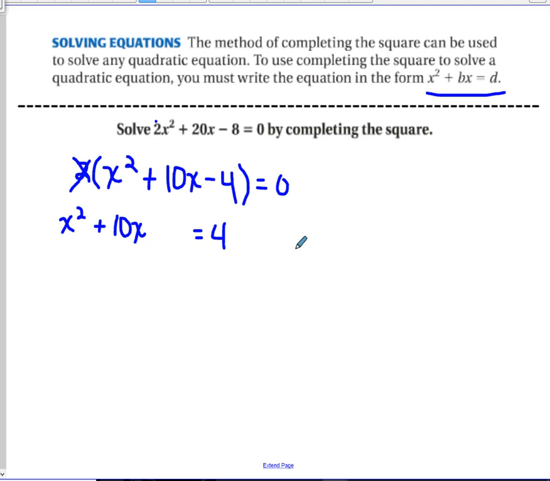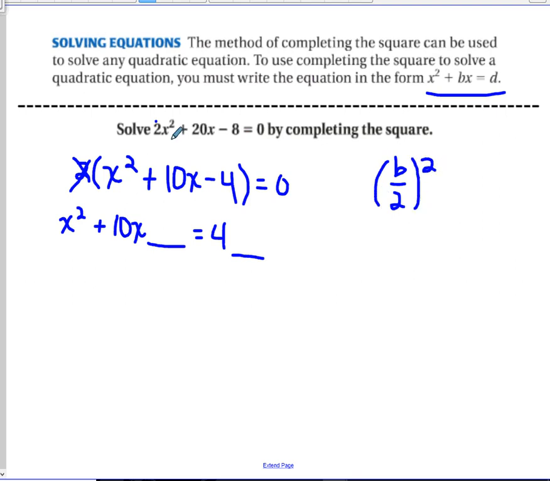That's my next step. Now, I left a big gap because this is where I'm going to add my C term that I'm going to find by doing B over 2 and squaring it.